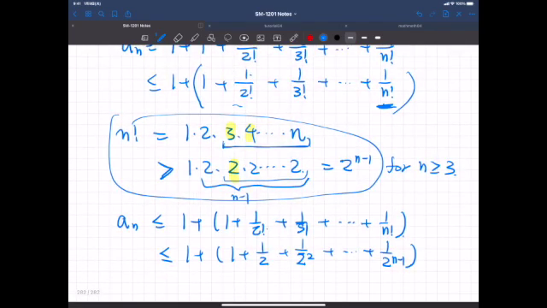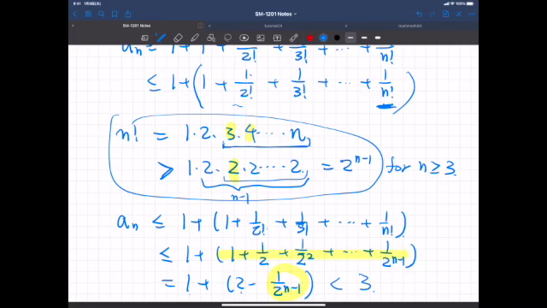Now I don't show the details, but this summation here, 1 plus 1 half plus 1 over 2 squared, 1 over 2 cubed, up to 1 over 2 to the power of n minus 1, this is equal to 2 minus 1 over 2 to the power of n minus 2. So this is 1 plus 2 minus some small number. So this is clearly less than 3.